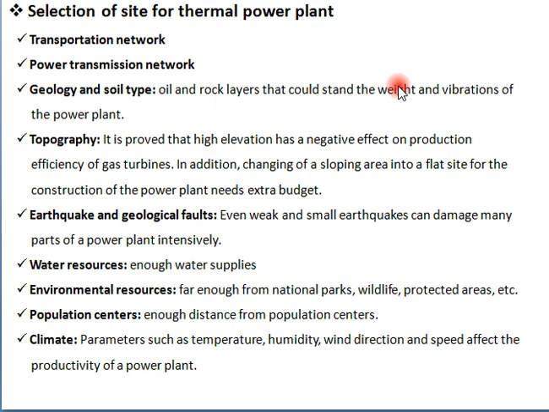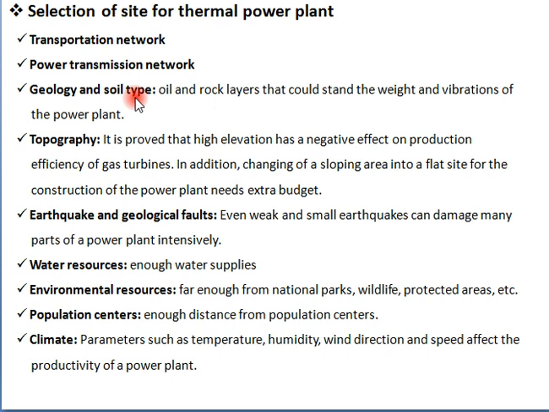There are some areas, such as forest areas and hill areas, where we cannot easily transport the facility or power, so the power station should be located where this constraint is negligible or eliminated. The power transmission network should be easily accessible, so we can transmit the power to the required area as easily as possible.